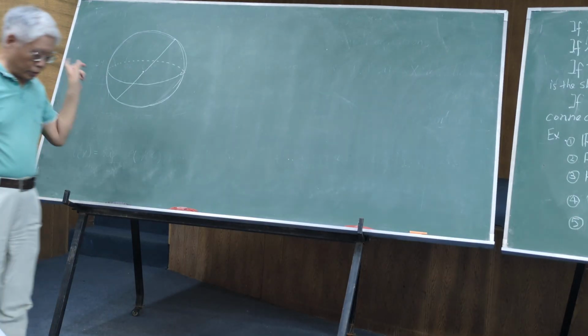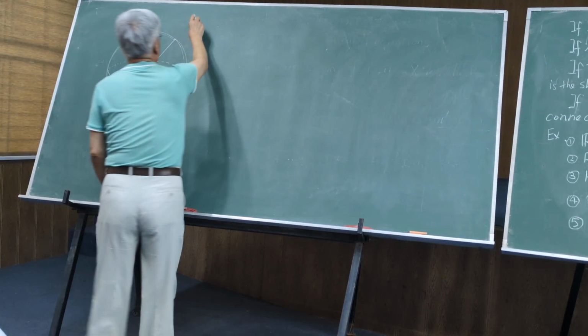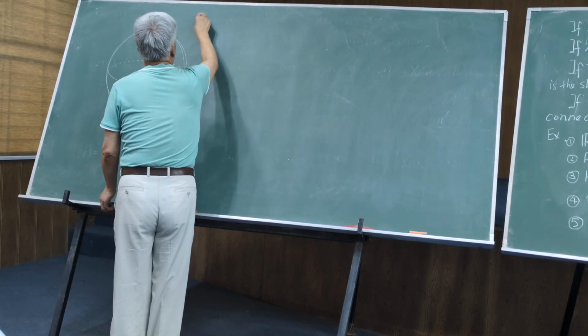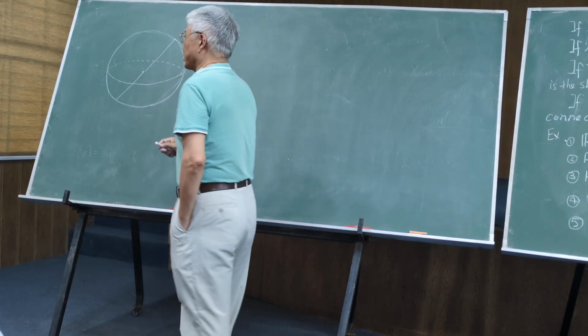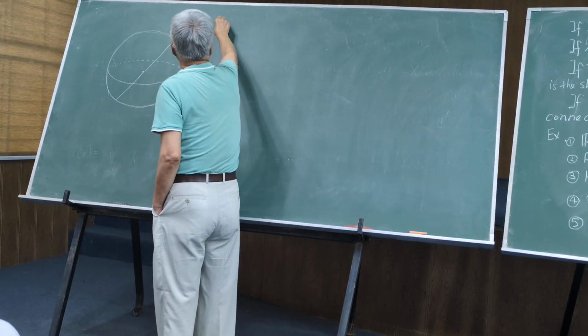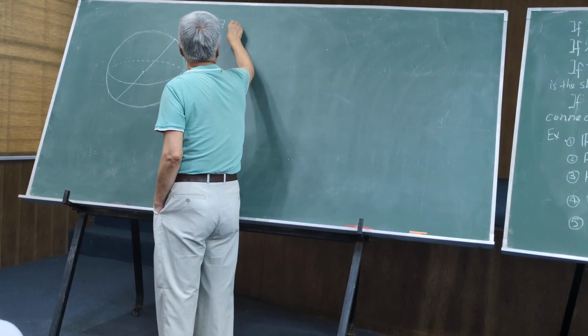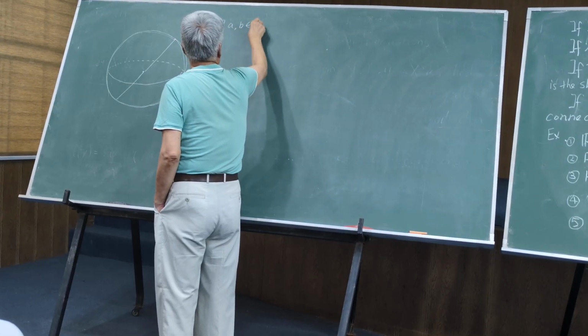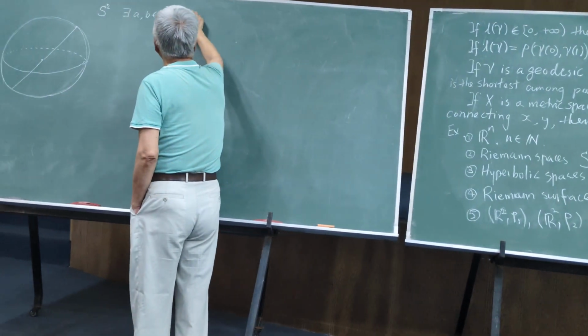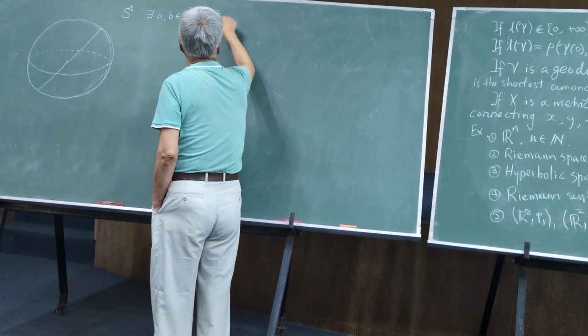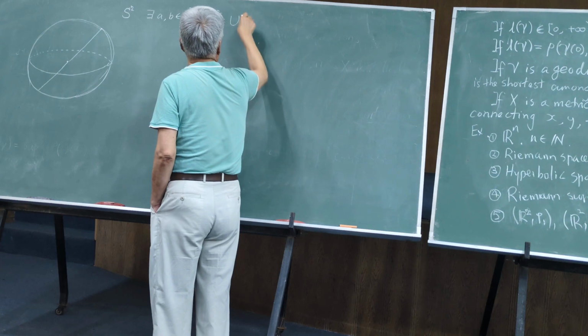And not only so, this space has a property that there exist points x, y, a, b such that the whole space is equal to the union of geodesics connecting a and b.